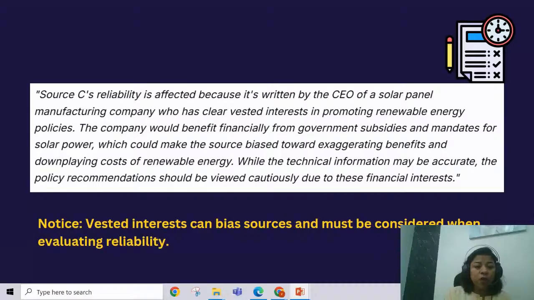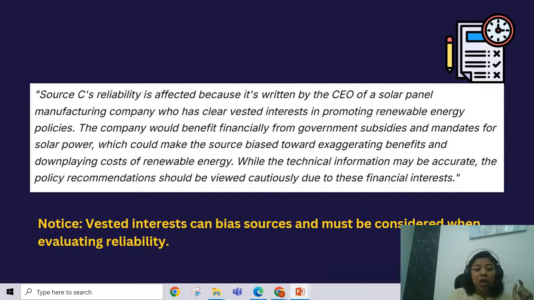In global perspective, you need to know the right words to frame the right structure of the answer, which creates maximum impact. Hence, please note down in your notebooks: exaggerated, downplaying the cost of renewable energy, vested interest, reliability. All of these words help you to construct a great answer in the least number of words.